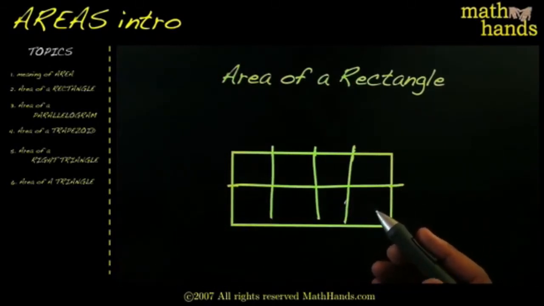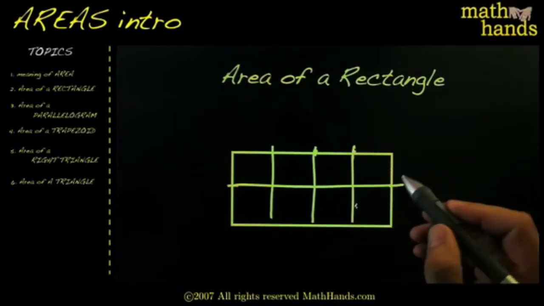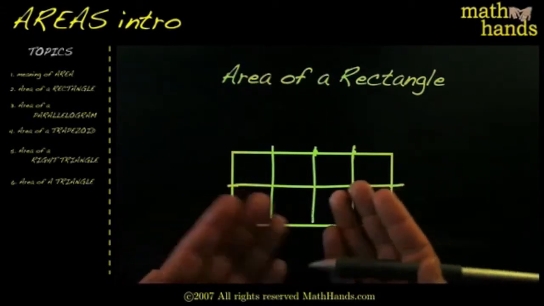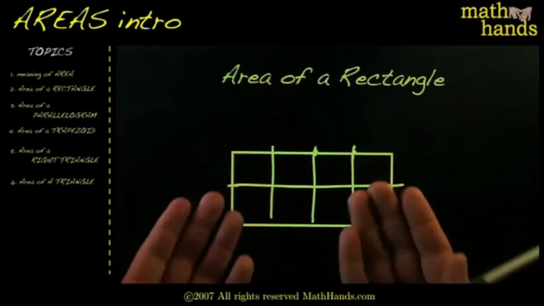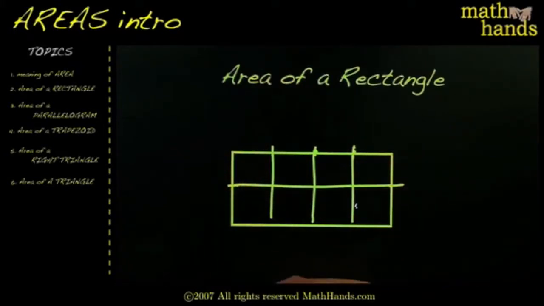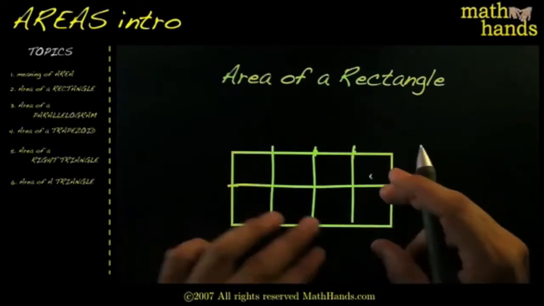So one way to describe this one is to say, hey, it's pretty big. You could fit 8 of these little squares that are this big, and that would be an alright way to describe how big the rectangle is. And so we have this notion of area, which is the number of certain units that fit in there.